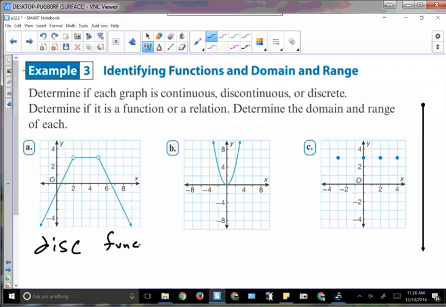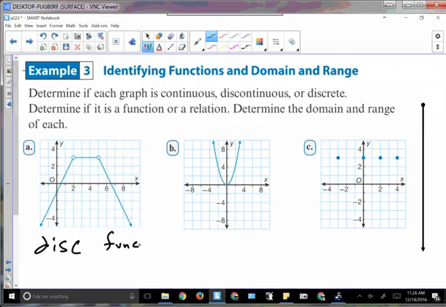Okay. Well, you've got the book there. Does it say it's a function or a relation? For A, what does it say? Yep. So, it's a function because it's generated by an equation, not just specific points.